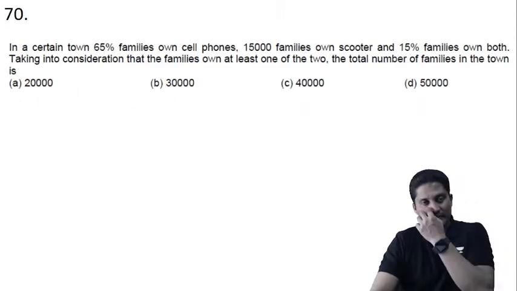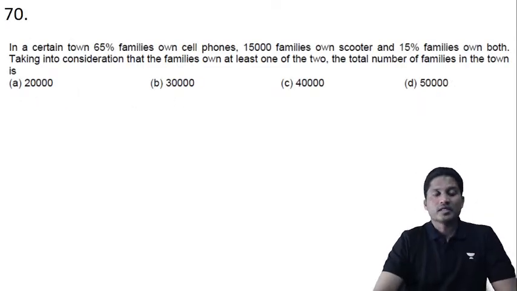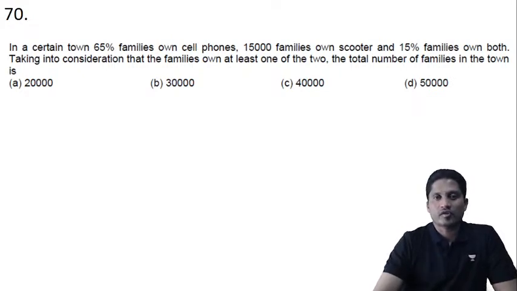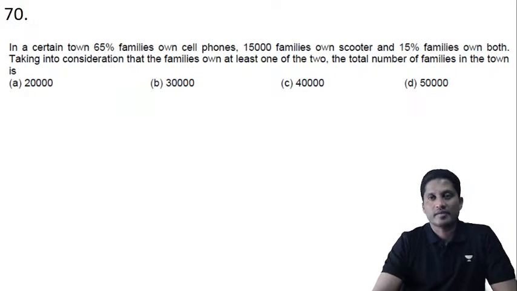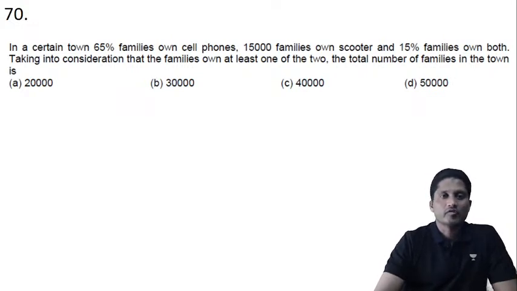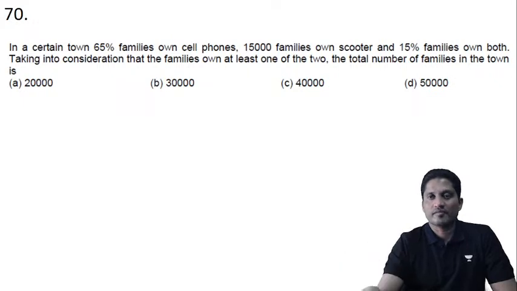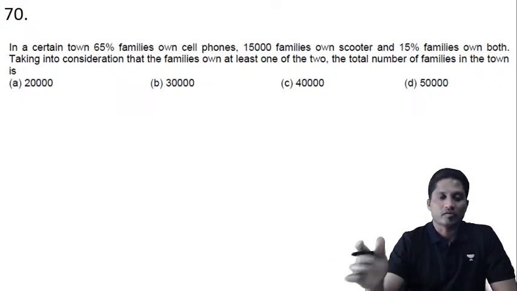Question number 70, that was asked in the 2020 paper. In a certain town, 65% of families own a cell phone, 1,500 own a scooter, 15% own both. Taking into consideration that families own at least one of the two, the total number of families in the town is.